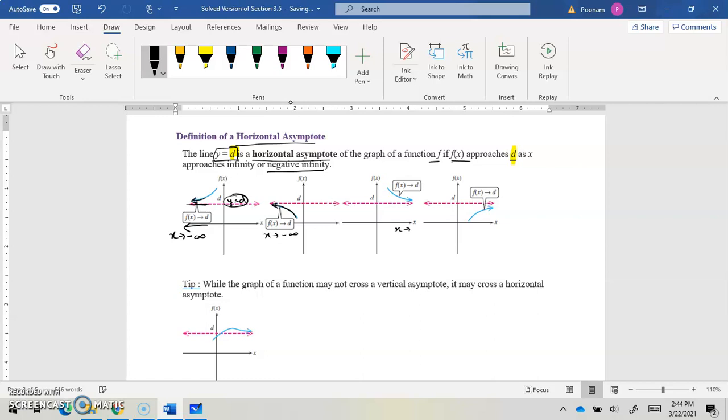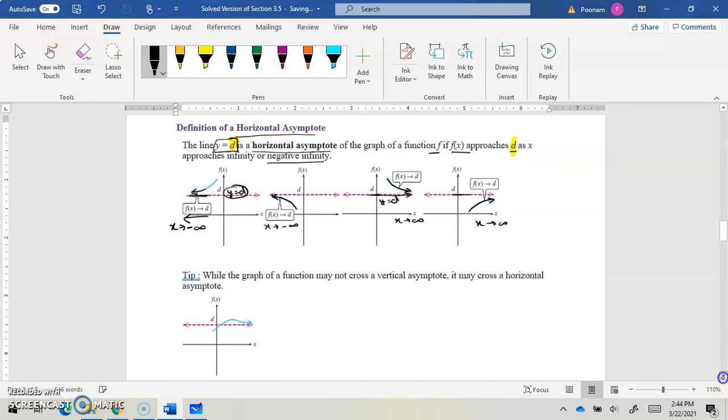Or when x approaches positive infinity and the graph is approaching d from above, this red line, which is y is equal to d, is your horizontal asymptote. Or when x approaches infinity and the function approaches d from below, still that horizontal line is your horizontal asymptote.